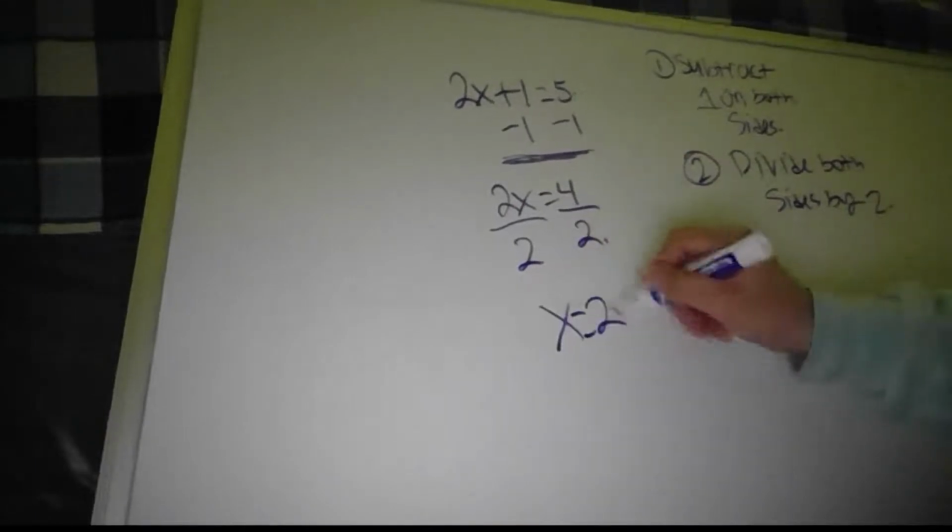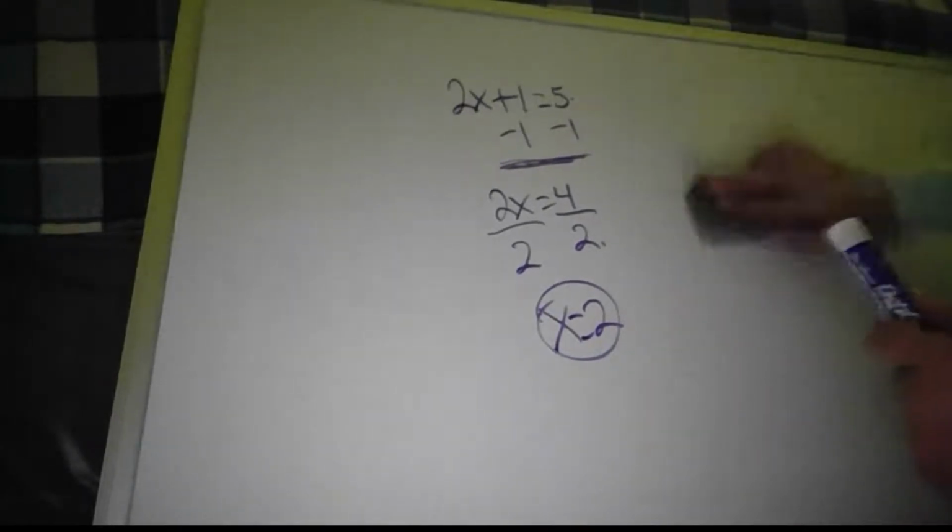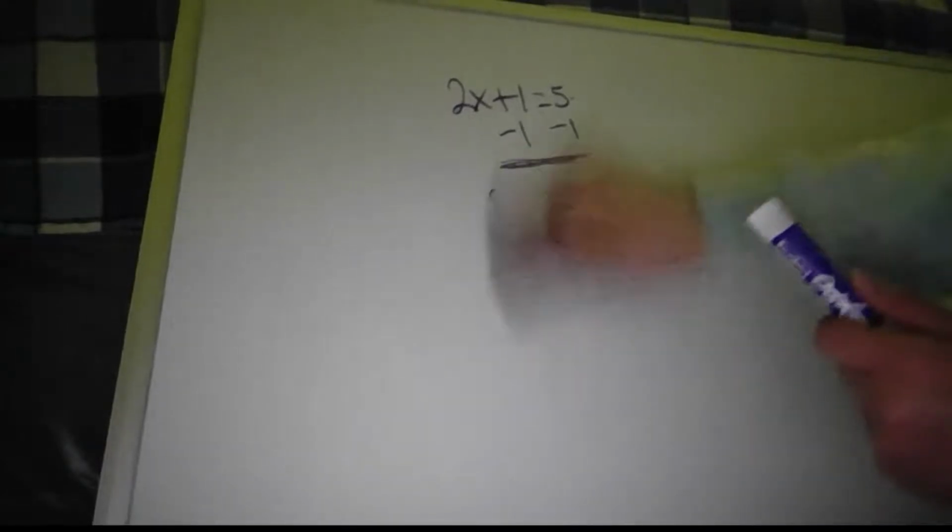Get x equals 2. Okay? And that's your answer. It's pretty simple. So if you have something like x plus 1 equals 9, same thing. You just do minus 1 on both sides. You do x equals 8. Simple. Very simple. I wish it could be like that for all of my math career, but it's not.